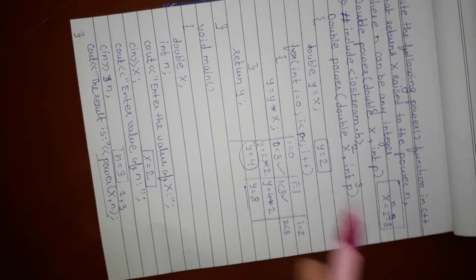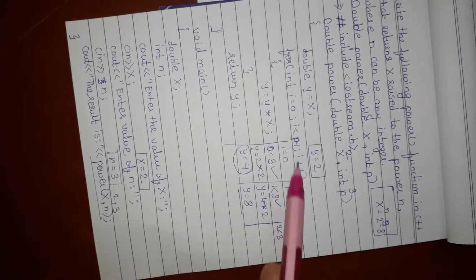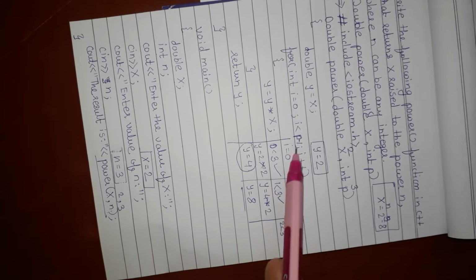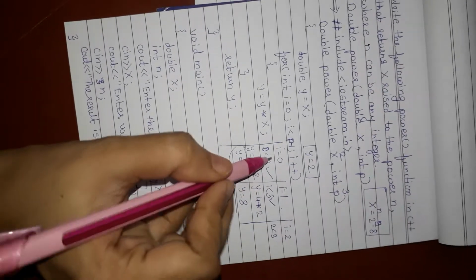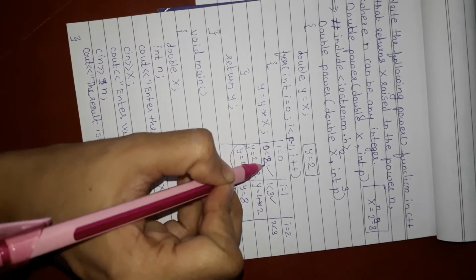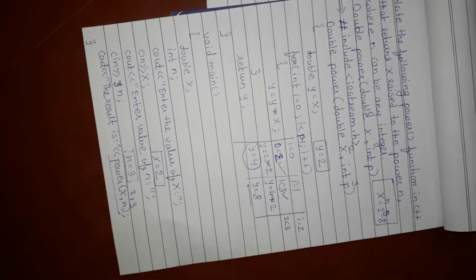Initially i equal to 0, and p minus 1, where p is 3, is 2. So the condition is i less than 2. Because I changed the program, in place of 3 we now have 2.